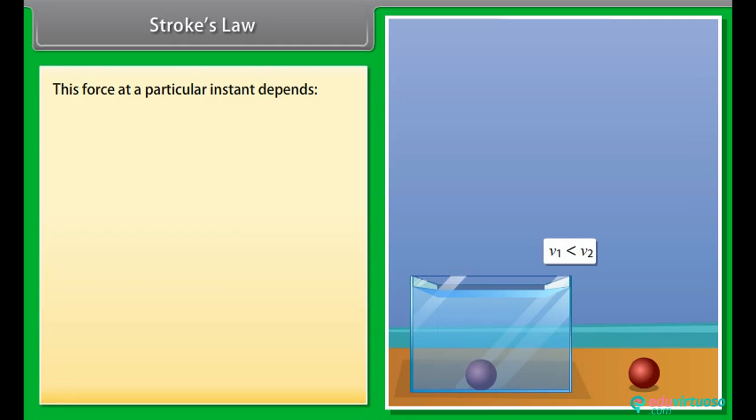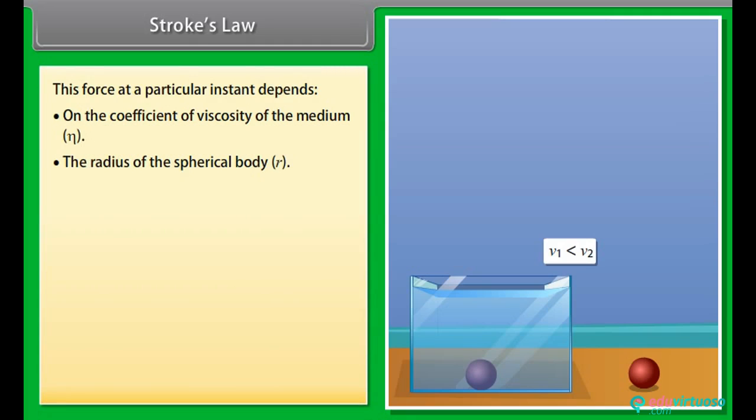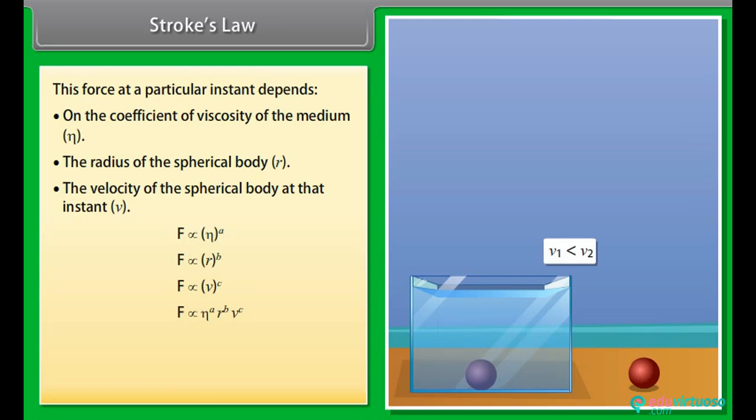This force at a particular instant depends on the coefficient of viscosity of the medium, the radius of the spherical body, and the velocity of the spherical body at that instant. Force is directly proportional to eta, radius and velocity. On summarizing all the above, we get the result F is equal to 6 pi eta r v.